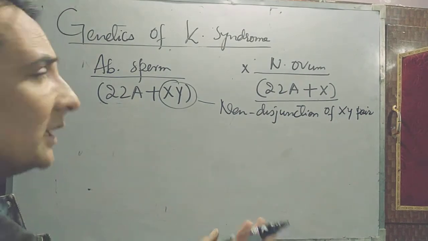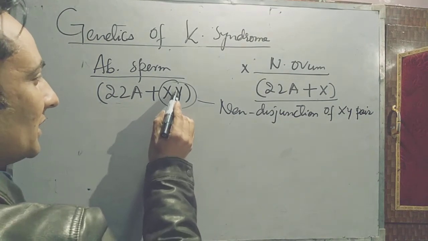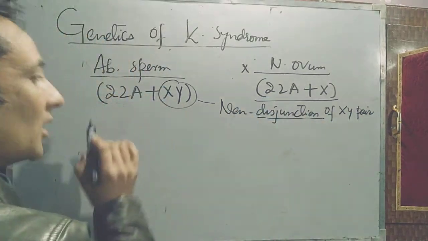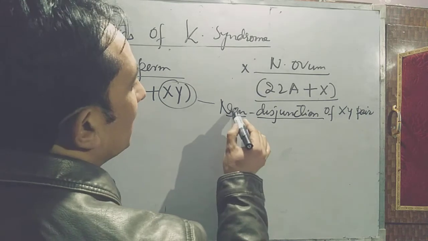The normal procedure is that this X chromosome should be separated from the Y chromosome. That's known as disjunction. But there is non-separation. It is known as non-disjunction.